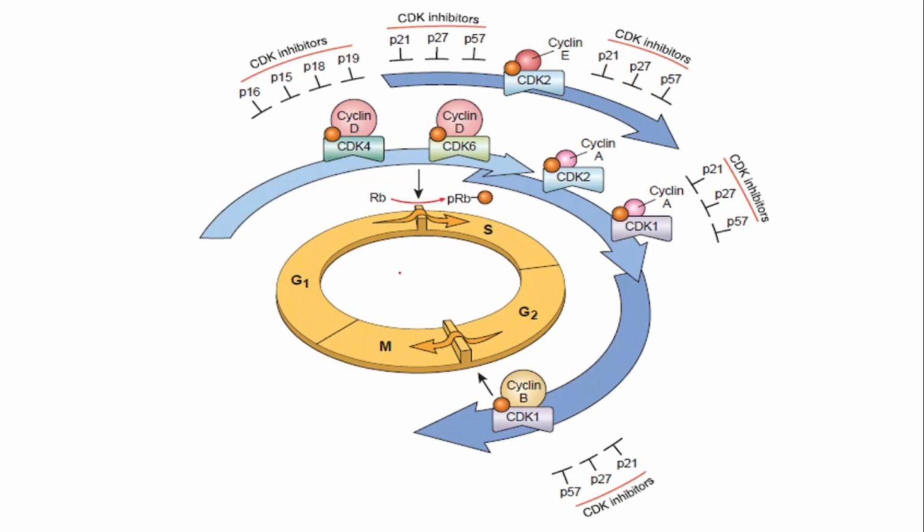So cyclin D, and this is a cell cycle. Okay, G1S, G2M, and this is the G1S phase, and this is the G2M phase.